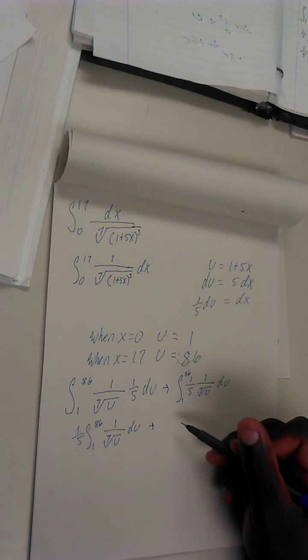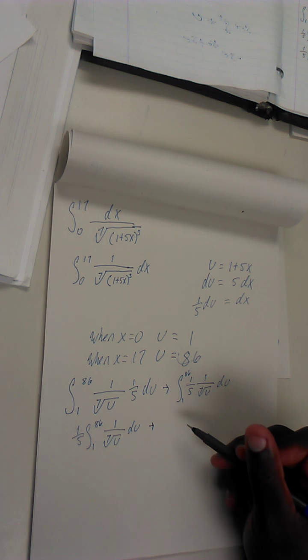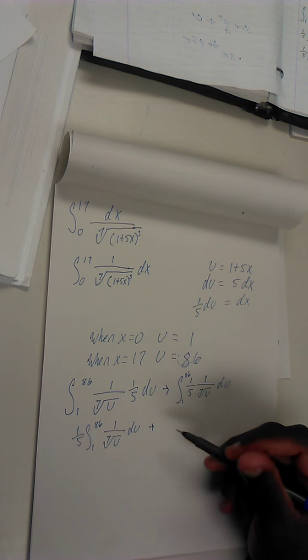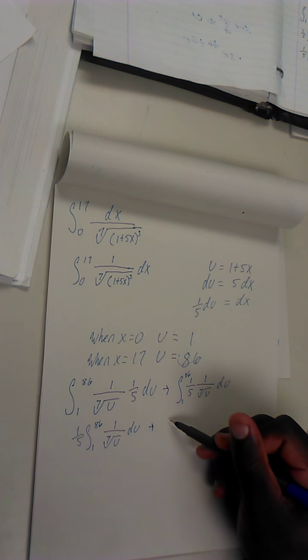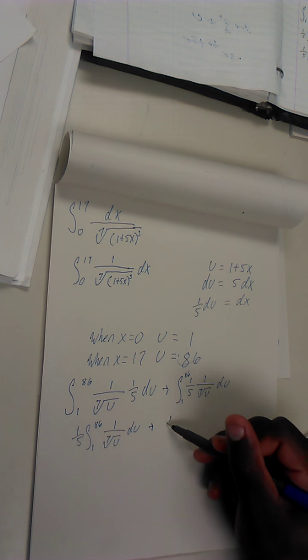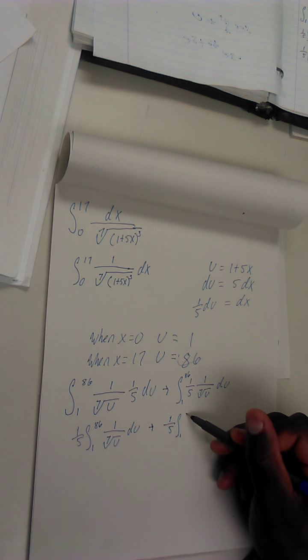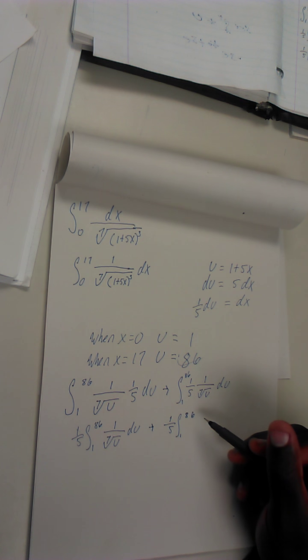Now let's go ahead and simplify this, 1 over the 7th root, so looking at the 1/5 going from 1 to 86.